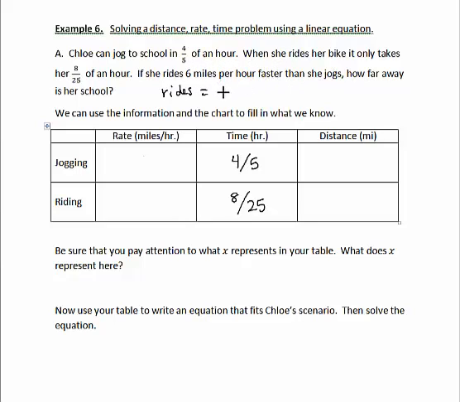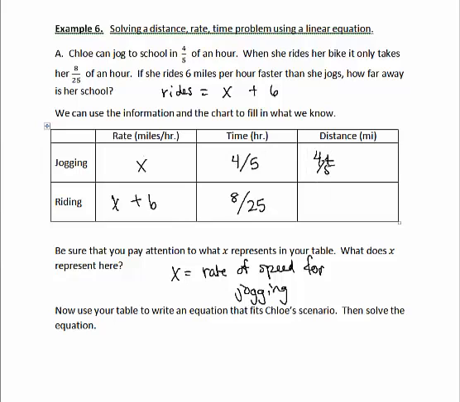So if she jogs at a certain speed, we add 6 to that. So if jogging is going to be our variable x, down here we write rate of speed x for jogging. Then for riding, we can write the expression x plus 6. That completes our rate column.